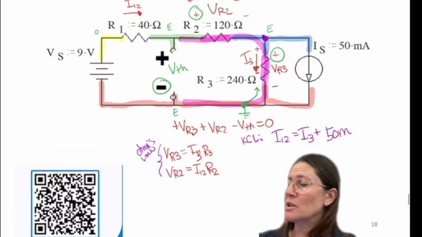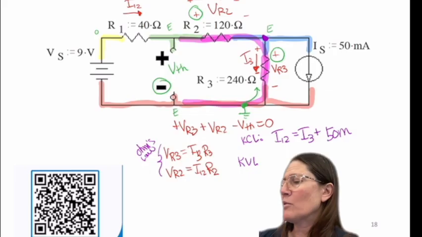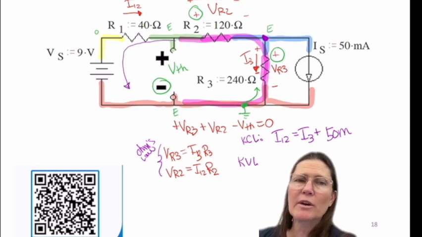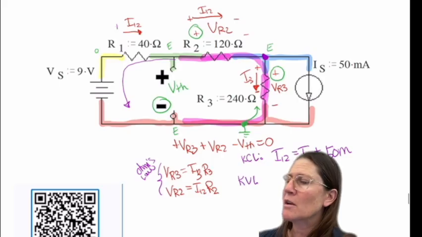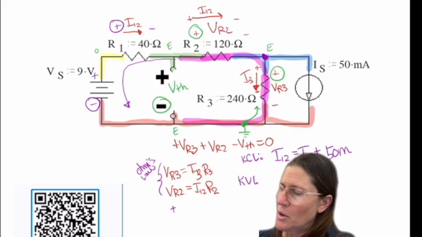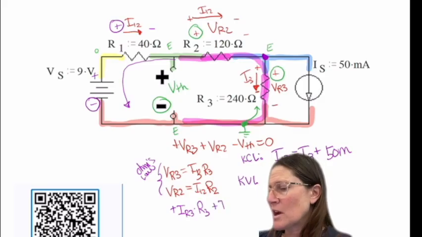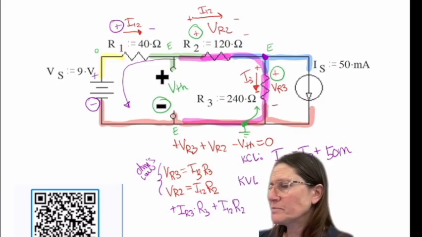And then my last option is a KVL. I'm going to do the same loop, but I'm going to continue it around. Instead of going here, I'm going to go all the way around and back around. So that's going to give me a plus here, and then this is a plus to minus and a minus there. So plus, and I'm just going to substitute this in: I3 R3 plus I12 R2 plus I12 R1 minus 9 equals 0.